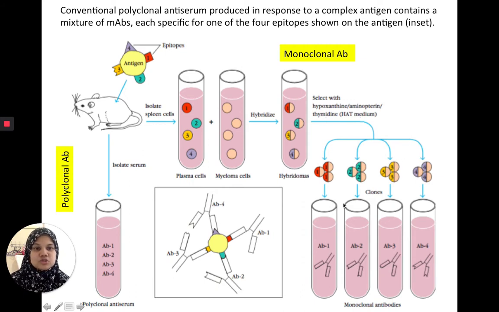And then you choose the clones specific to each of these epitopes. So you'll have basically 4 different types of monoclonal antibodies against one antigen, because they'll be recognizing the 4 different types of epitopes of the antigen. Whereas for the polyclonal, it's really just harvesting and you'll get antibodies all mixed up, recognizing different epitopes.